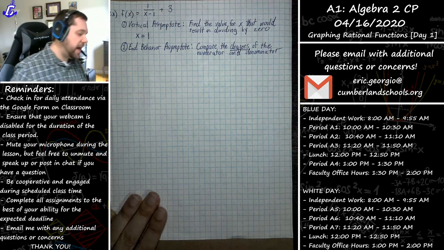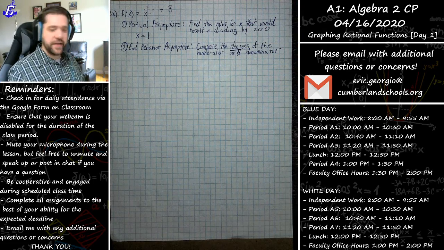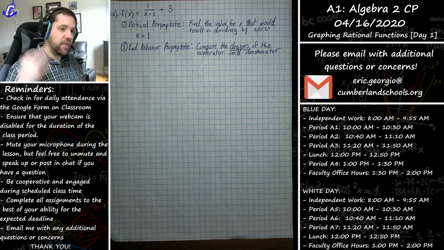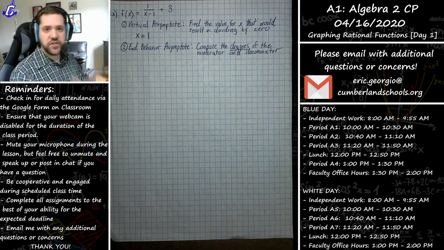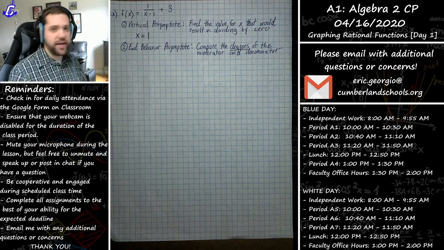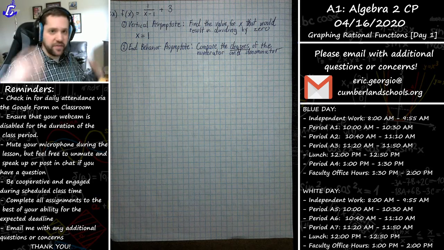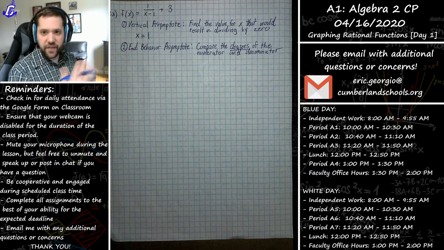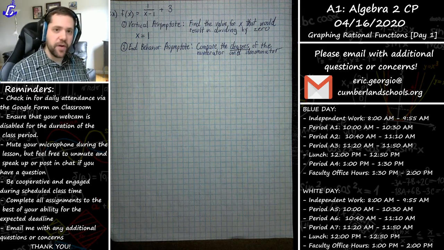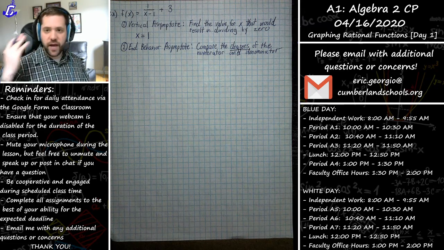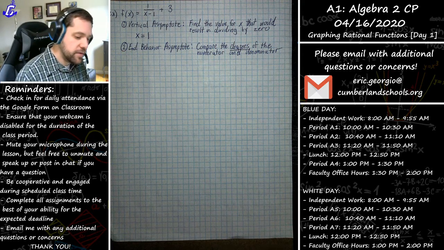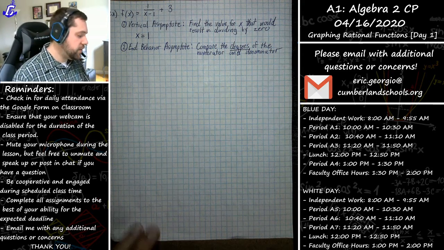Just a quick aside, hopefully you remember that the definition of degree refers to the highest exponent to which a variable is raised in a particular function, right? So if you have a function that has x squared in it and x squared is the highest exponent, there's nothing bigger than x squared that the variable is raised to, then your degree is 2. If you have x to the third and nothing is bigger than x to the third, 3 is your degree.